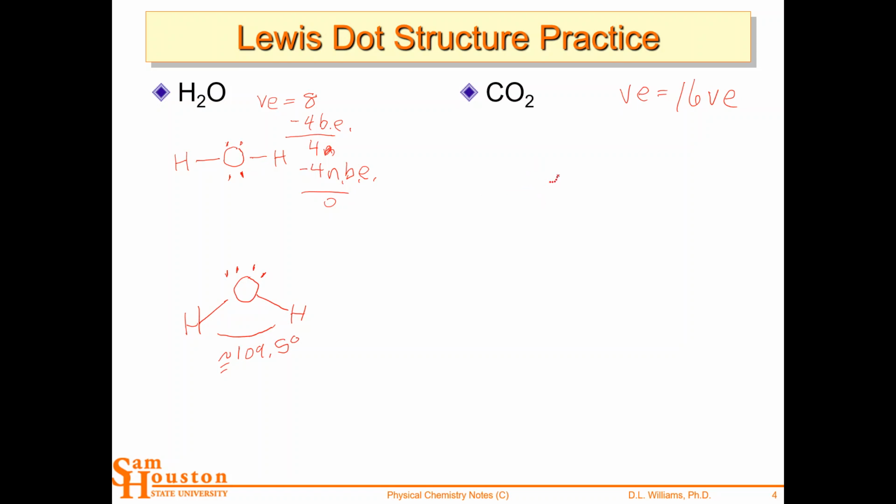Let's build the sigma framework. Carbon, oxygen, oxygen. So 4 electrons bonded. So I have 12 left over, and the more electronegative element.